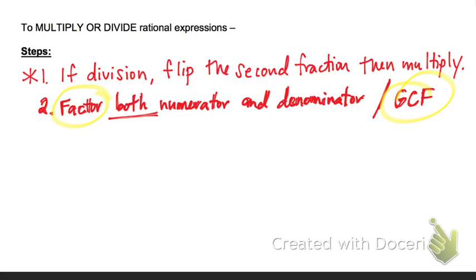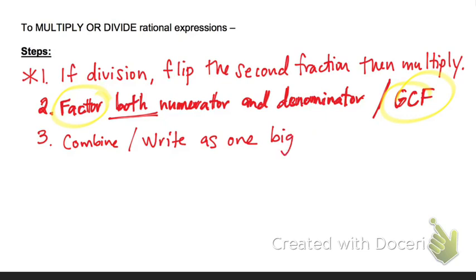Then you still have two separate fractions, so combine and write as one big fraction. And then the fourth step is just simplify if needed.